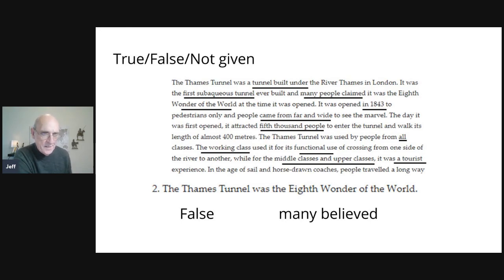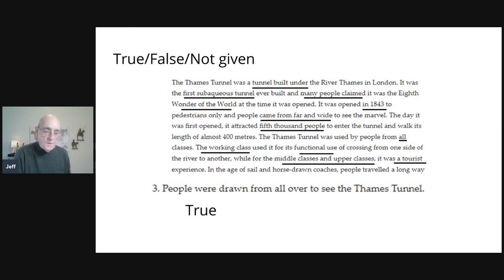So are you beginning to see? I hope you're beginning to see how true, false, not given works. So let's go on to question number 3. Whoops, I put the answer in there a little too quickly. Many people were drawn from all over to see the Thames Tunnel.